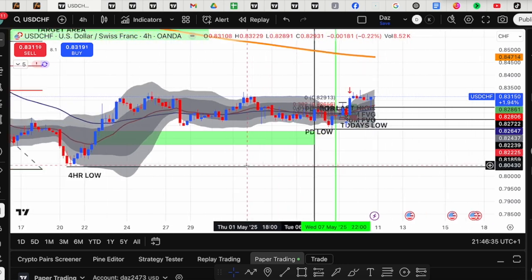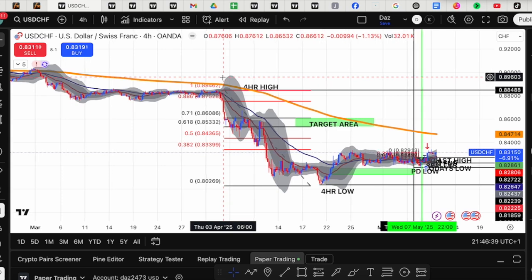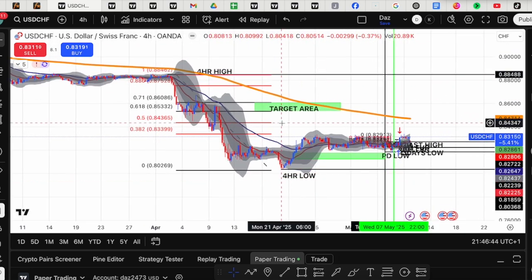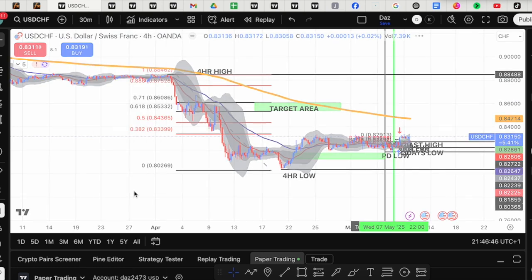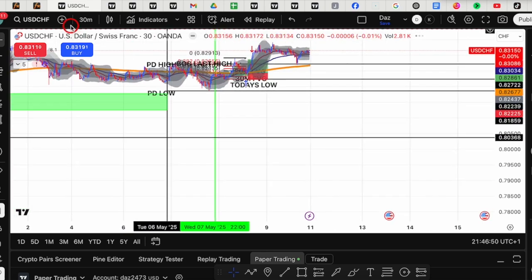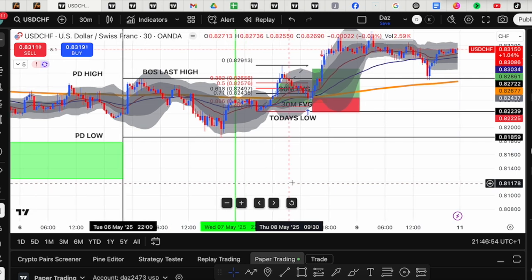On the 4 hour I mark the 4 hour high and the 4 hour low. Once I've done that, I drop down to the 30-minute to see what the score is. I'm looking for a breaker structure of the previous day high or previous day low, depending on what it is.